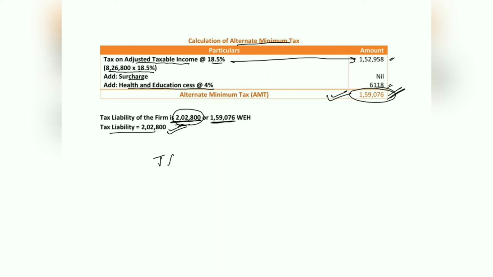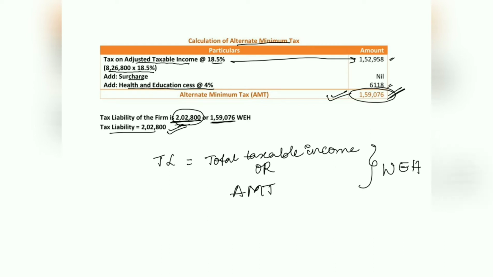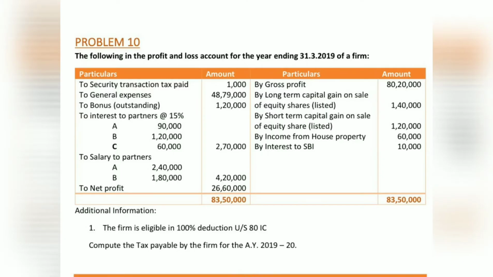Our final tax liability will be the total taxable income of the firm or alternate minimum tax, whichever is higher. So the tax liability will be calculated by comparing the total taxable income of the firm or your AMT calculation, whichever is higher. Let's look into problem number 10.